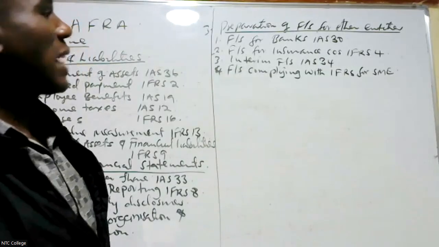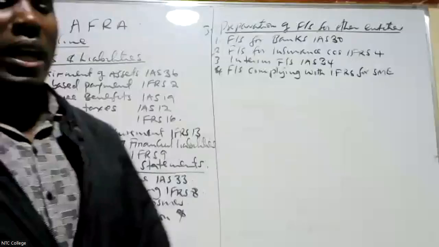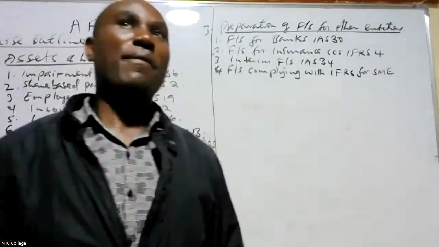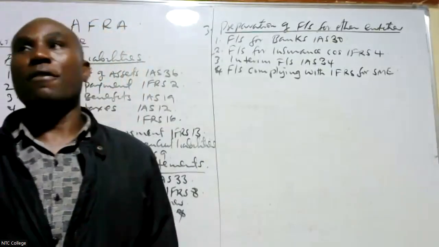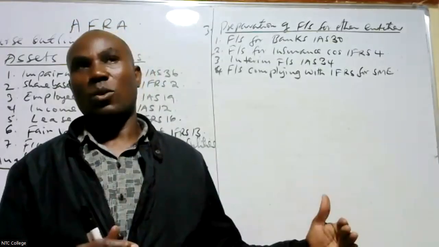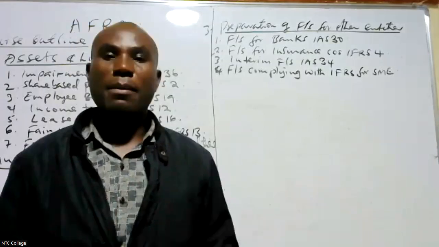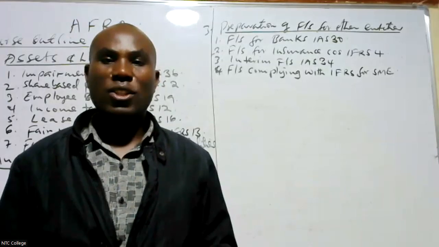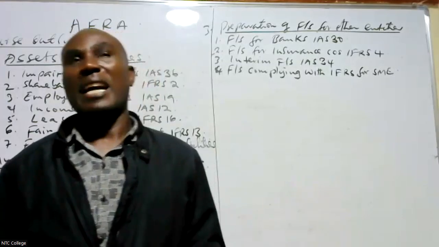This is where you prepare financial statement before year end. For example, banks will give us financial statements for the first quarter, second quarter, third quarter, then at the end of the year, full year. That's what we call interim financial statement.